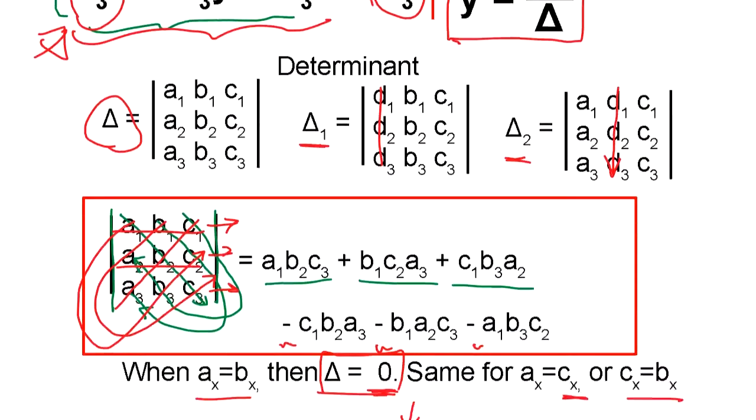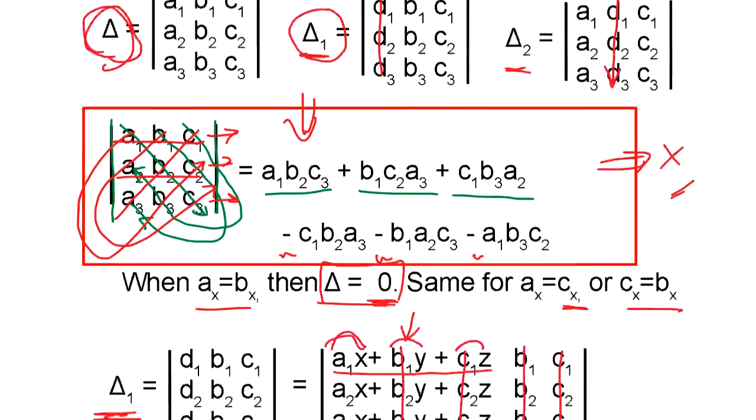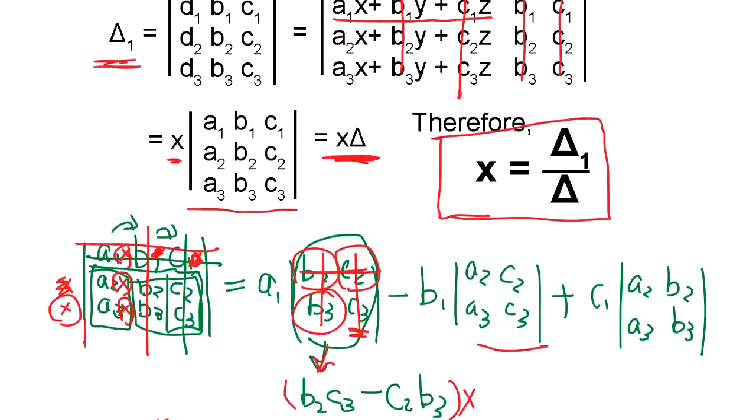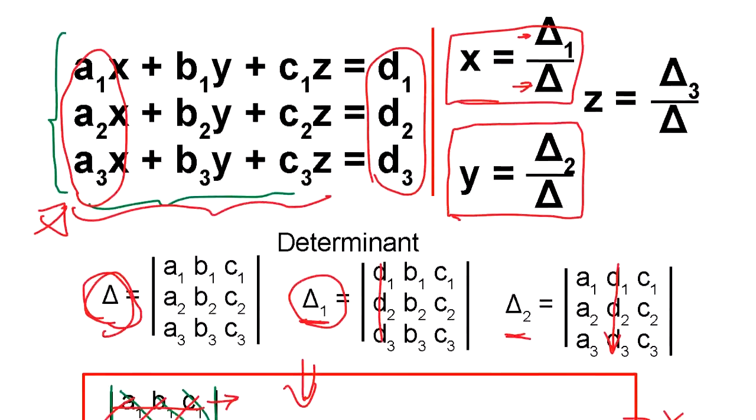Delta is given by this, and delta 1 is given by this. You use this formula to calculate, then you get x right away. So it's a very quick way to find one unknown value using determinants. That's Cramer's rule.